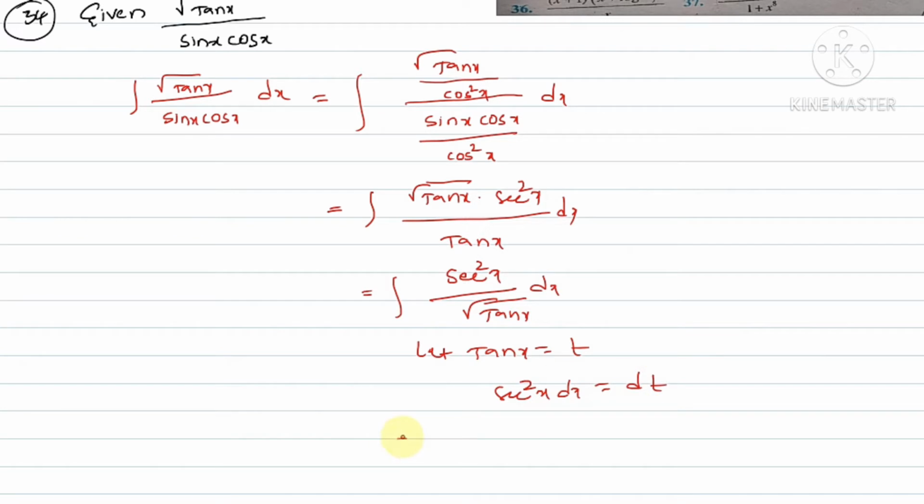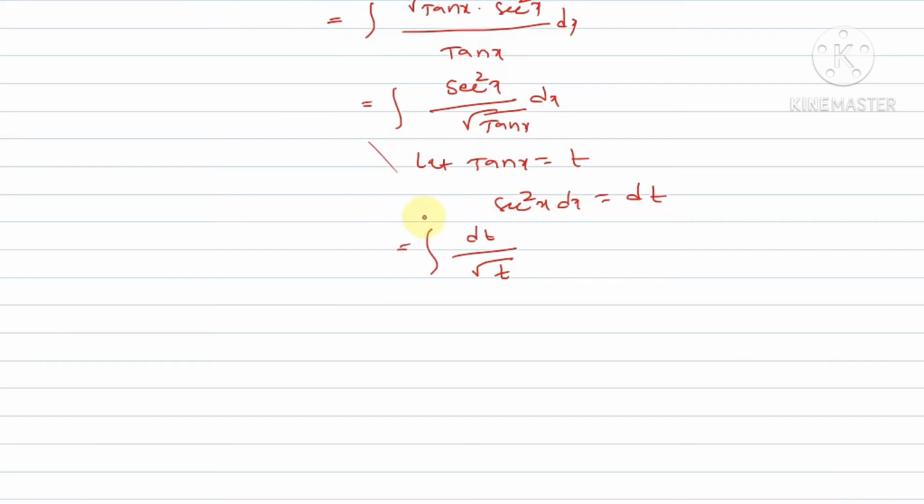Substituting, secant square x dx is dt and root tan x gives root t, so the integration of 1 by root t is 2 root t plus c. This is the standard formula which we have.